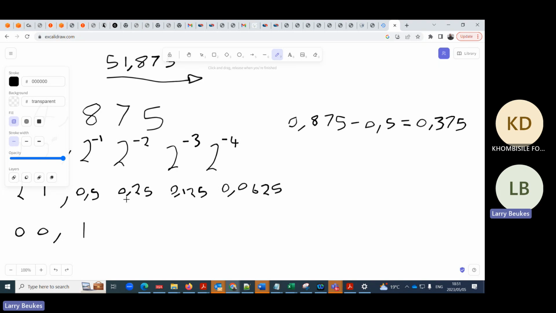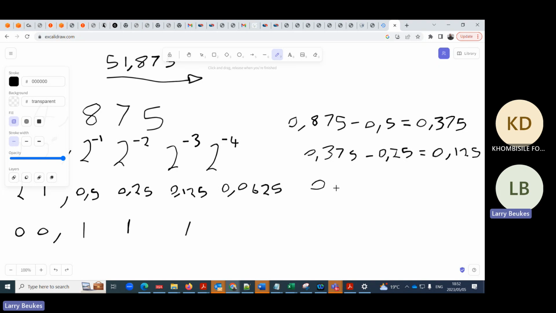Now the second one, if we're going to use it, is going to be 0.25. So 0.375 minus 0.25 is equal to 0.125. Because we're using 0.25, we're going to put a 1 here, right? And now 0.125 minus 0.125 is going to be 0.